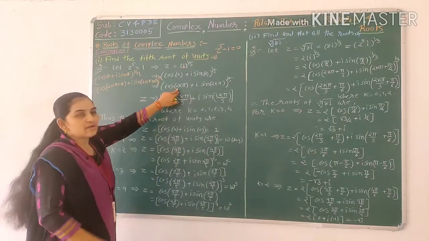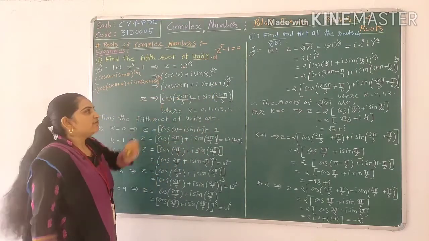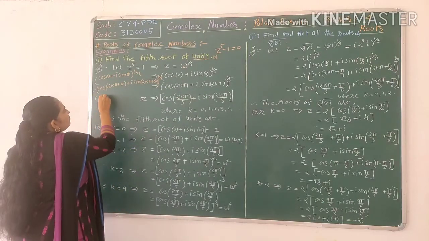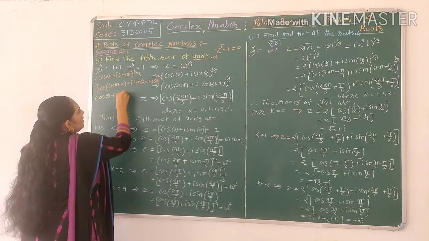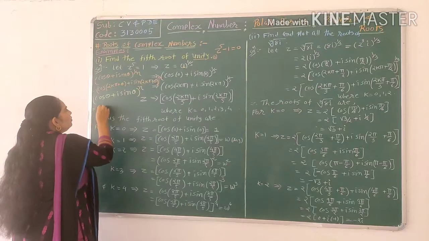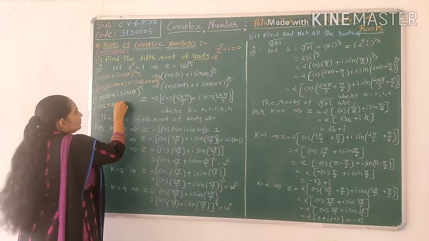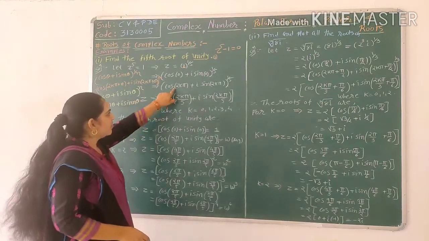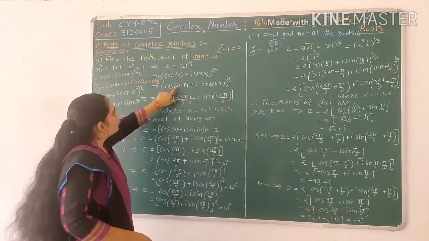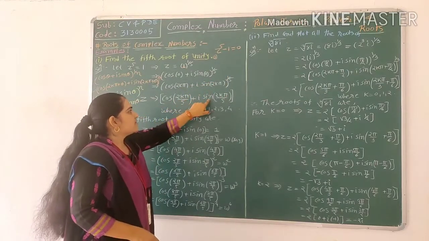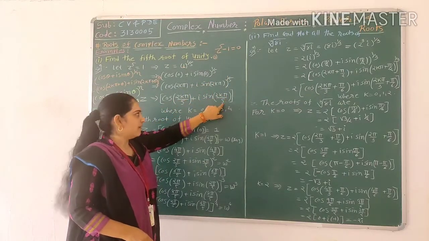Now we have to use De Moivre's theorem, and we know that De Moivre's theorem is (cos theta plus i sin theta) raised to n is equal to cos n theta plus i sin n theta. Therefore, we write cos 2k pi divided by 5 plus i sin 2k pi divided by 5.